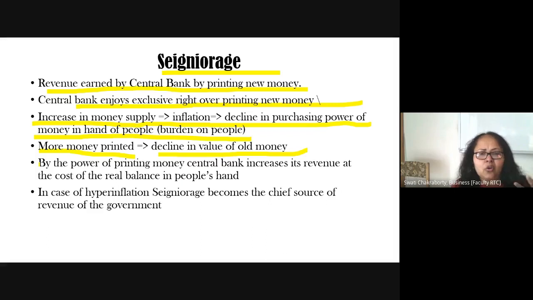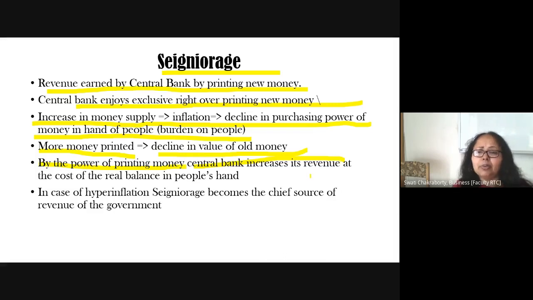So when the printing of money is done by the central bank, and it is totally the central bank that has the power of printing the money, through this usage of the power of printing money, what does the central bank actually do? It increases its revenue.